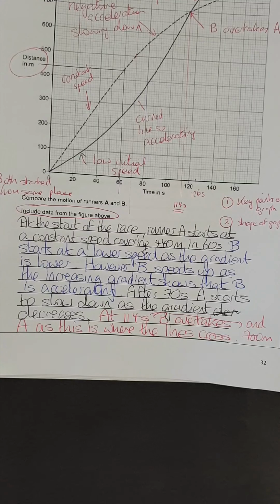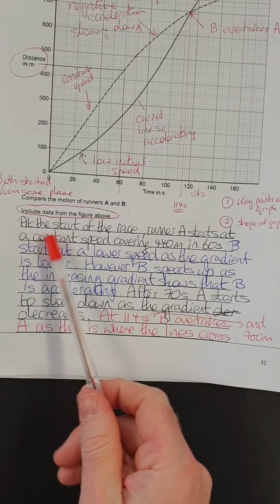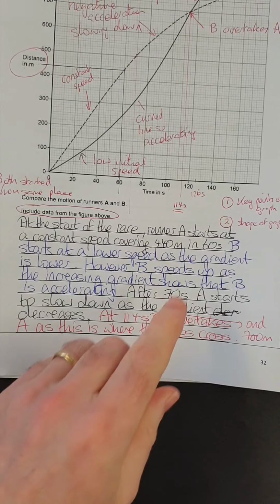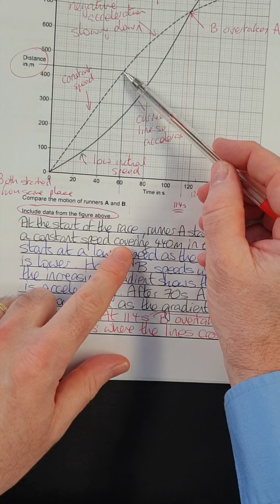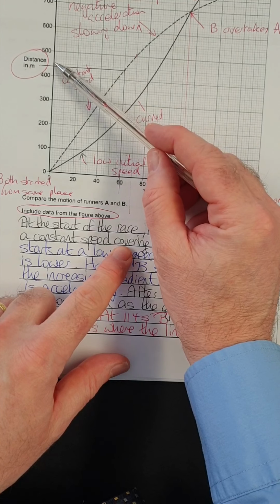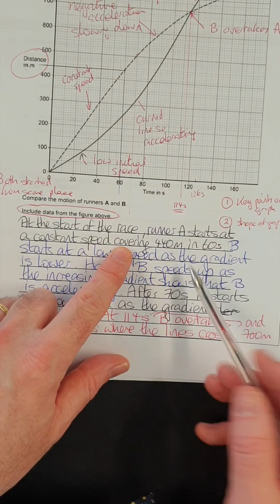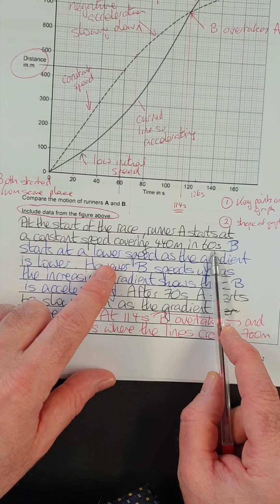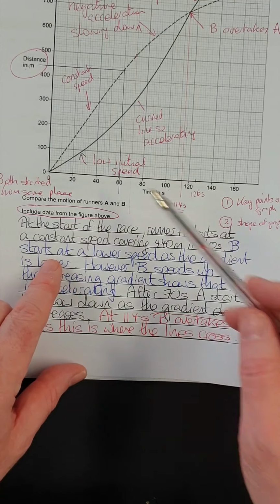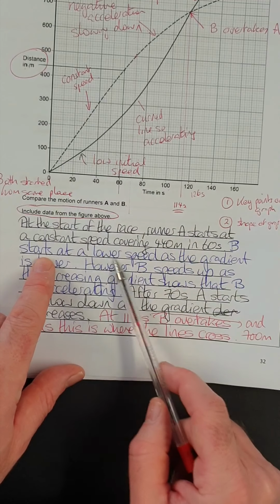So it says that I'm going to start at the start of the race. So at the start of the race, I can say that runner A starts at a constant speed, and I measured it get to 440 meters after 60 seconds. So that's the speed they're traveling at, 440 meters in 60 seconds. B, however, starts at a lower speed.